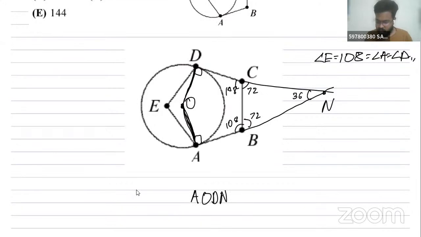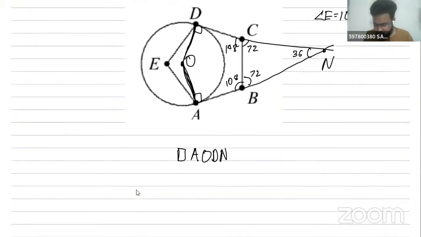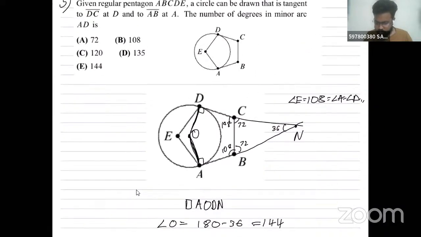AODN is a quadrilateral which has two angles of 90 degrees, 90 degrees. Correct. These two angles. So if this is 36, then the remaining angle O is equal to 180 minus 36, which is equal to 144.